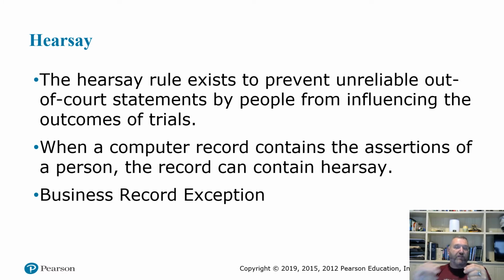There is a business record exception. We talked about business records a few chapters ago. The business record exception basically says that logging files, server-based files, things like that, these business records, these things that really have no intent or bias built into them, can be used in court as an exception to the hearsay rule.